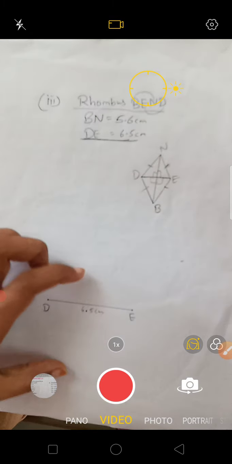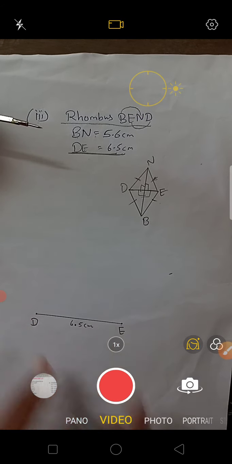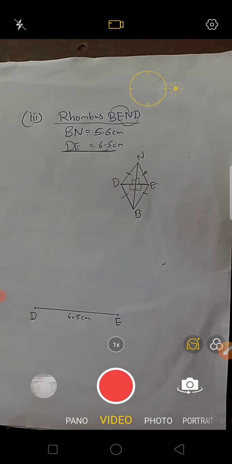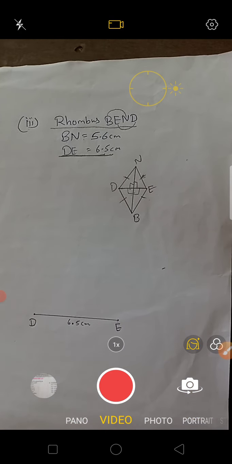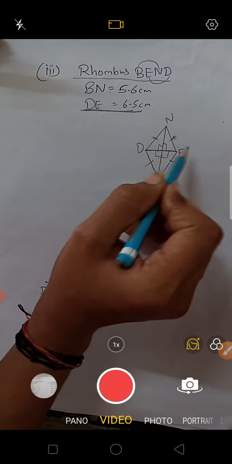Then after plotting this, we first make the perpendicular bisector of this side, because we want to construct the other diagonal and no other side's value is given here. So we first find the perpendicular bisector of the given side DE.